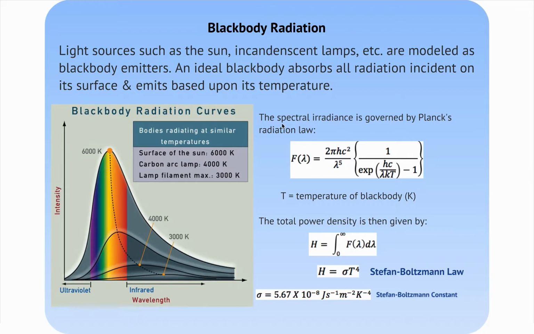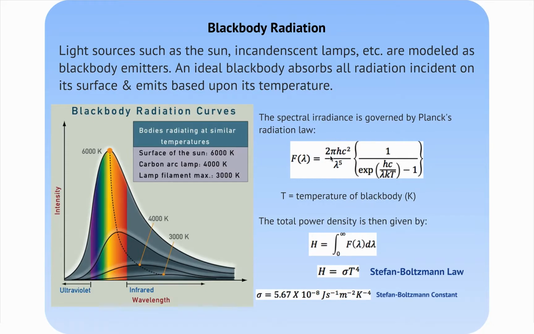So the spectral irradiance, which is this intensity, is governed by what's called Planck's radiation law. Now this is something you don't need to know, but many of you have probably seen this in undergraduate physics. This is the starting point of all quantum mechanics. This basically represents how much energy per unit area, per unit time is emitted by a black body as a function of the wavelength and its temperature.